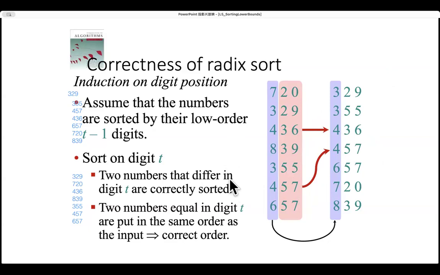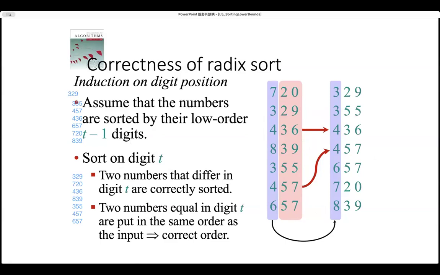There are only two cases: either two numbers are different at digit t, or they are the same at digit t. We get the job done in both cases. In other words, this induction guarantees we can get the sorting done correctly, right?